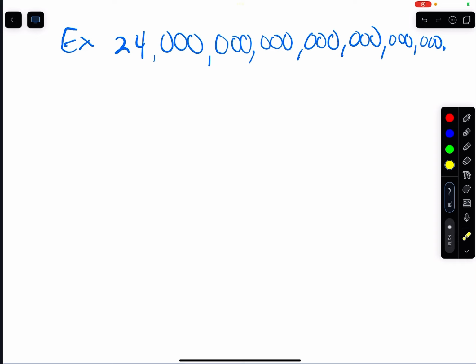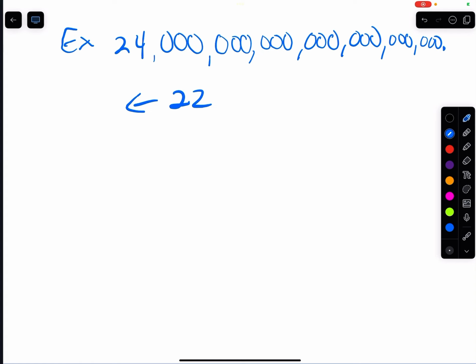So how many do we have to move? We have to move 1, 2, 3, 4, 5, 6, 7, 8, 9, 10, 11, 12, 13, 14, 15, 16, 17, 18, 19, 20, 21, 22 spaces left. 22 decimal places left. So what does that mean?